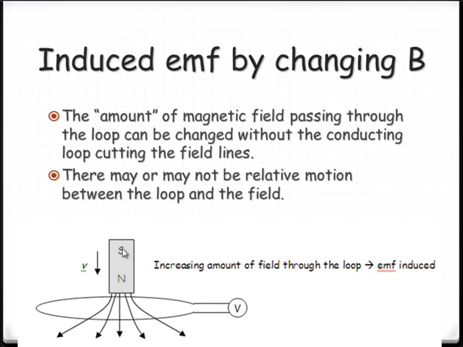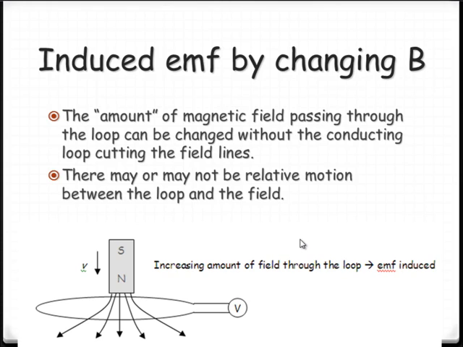You could move this magnet up and down, therefore changing the strength of the field within that coil. Alternatively, if you had an electromagnet, you could vary the strength of the magnetic field produced by the electromagnet, and therefore change the amount of field lines within the coil, and therefore vary the induced EMF.